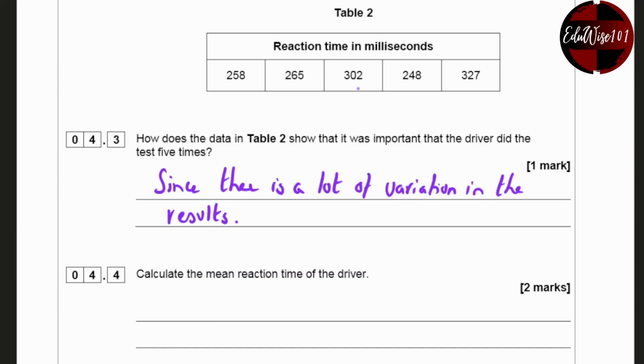So these are above 300 and there's 3 of them at 200 range. So you might want to repeat it so that you get somewhere all close to that 250 mark.